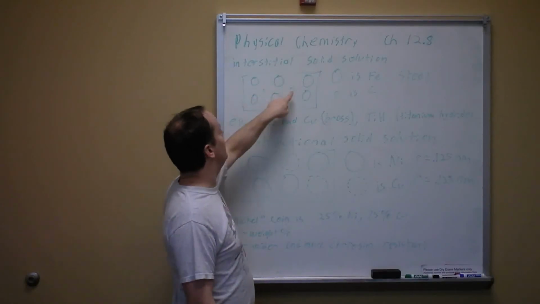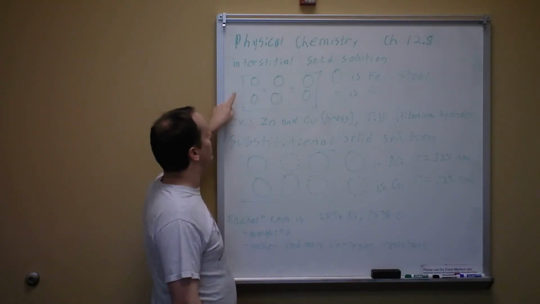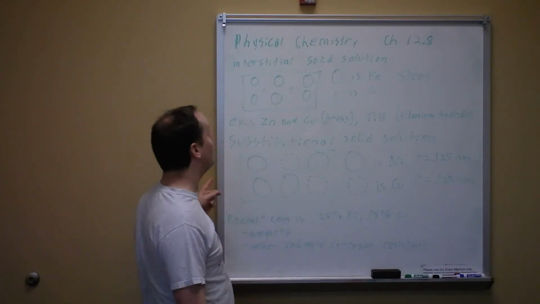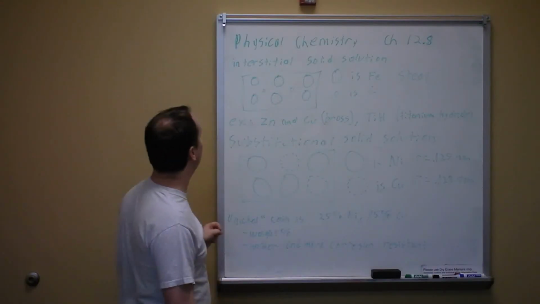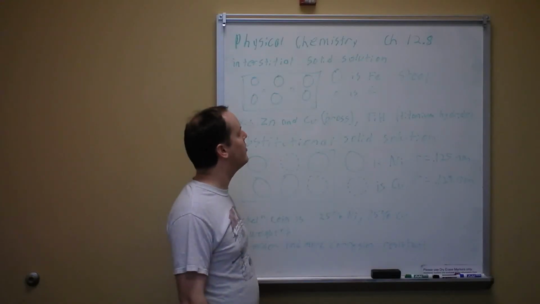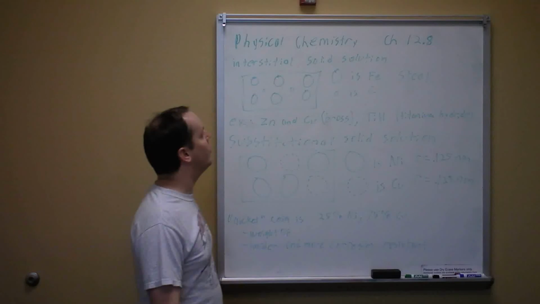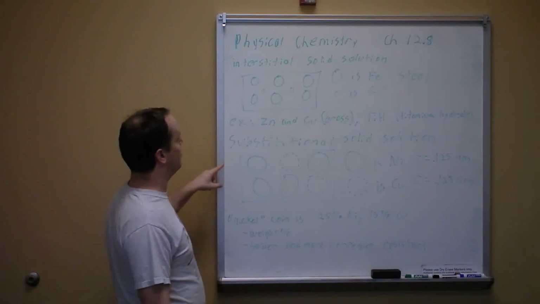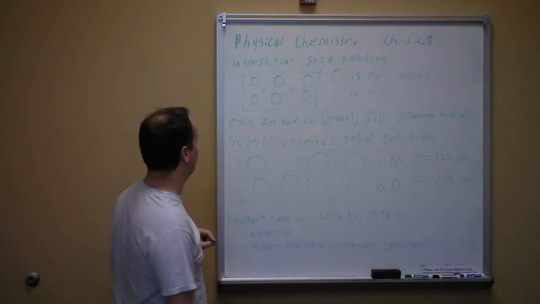And then in between we got these smaller atoms squeezed in between. Now in this example, the big atoms are iron and the small atoms are carbon. This is called steel. And other examples would be zinc and copper, that's called brass, or titanium and hydrogen, that's called titanium hydride.